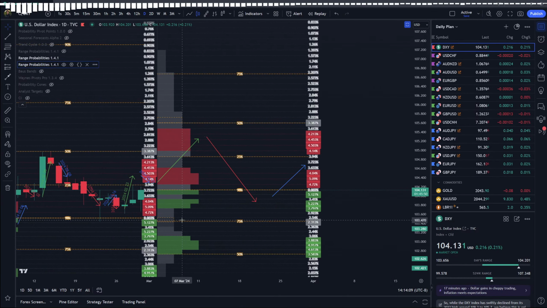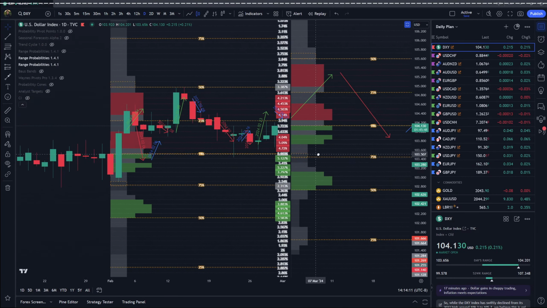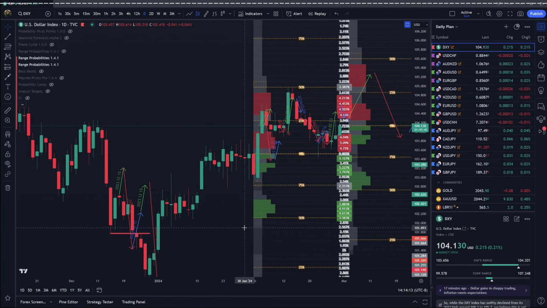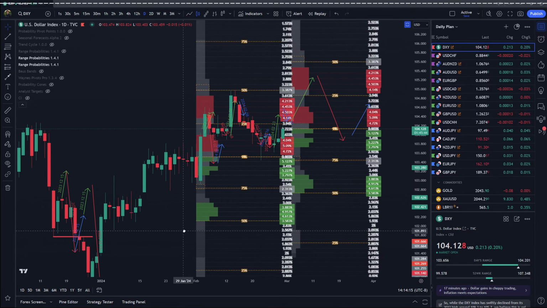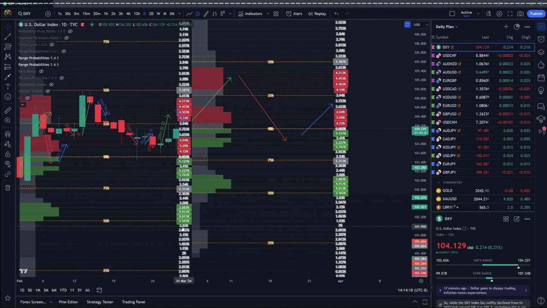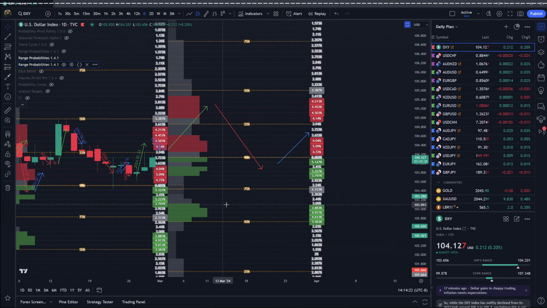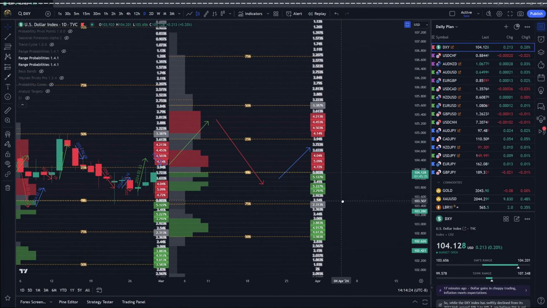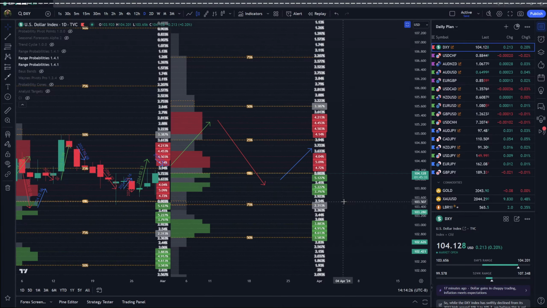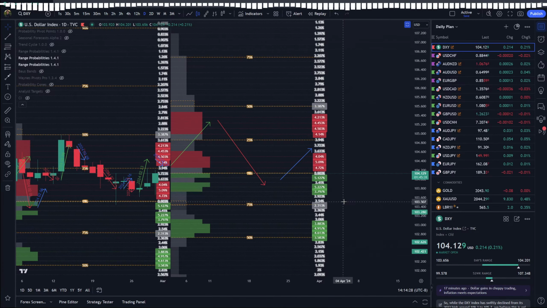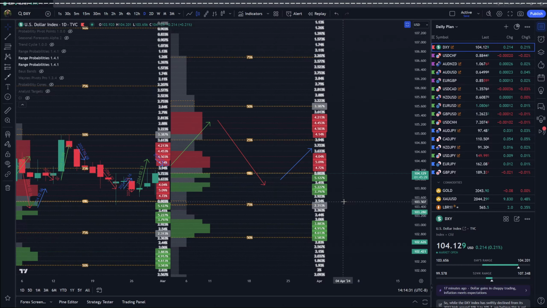Pretty significant gap. Okay. I'm just thinking relative to also the Australian and the New Zealand.